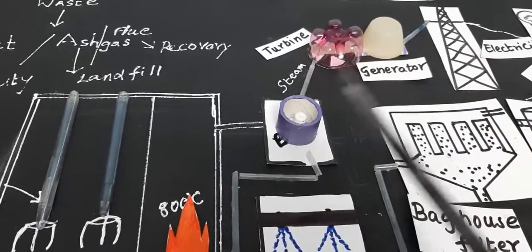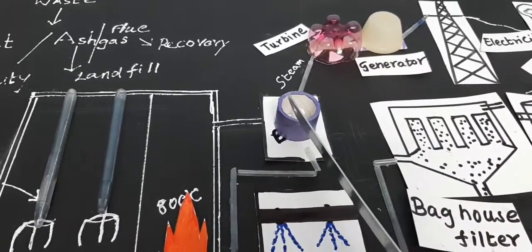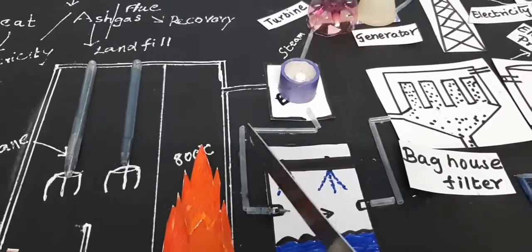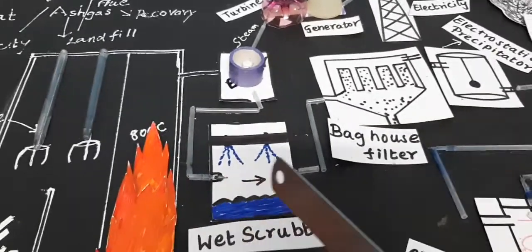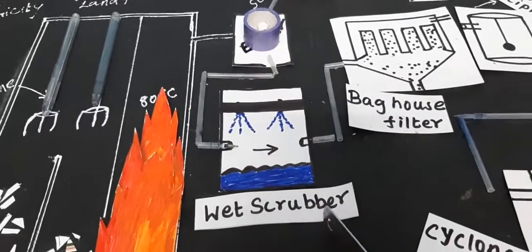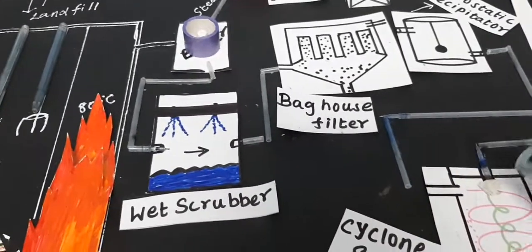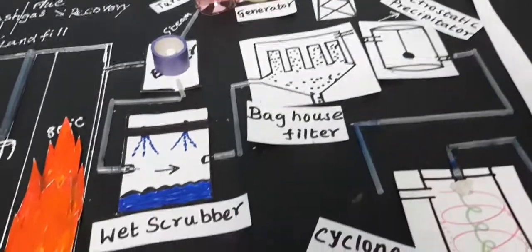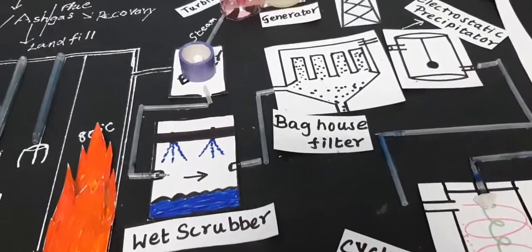Now the heat energy is recovered from the flue gas. Then the flue gas is cleaned by the wet scrubbing method and various dry scrubbing methods such as the bag house filter, electrostatic precipitator, and cyclone separator.